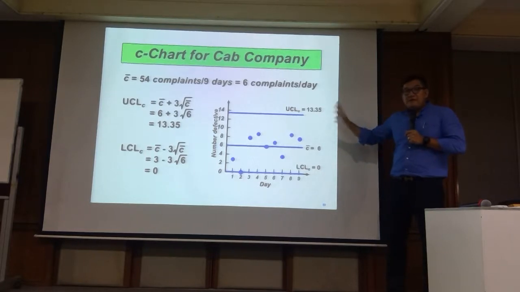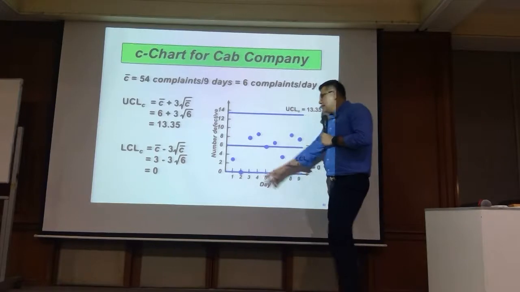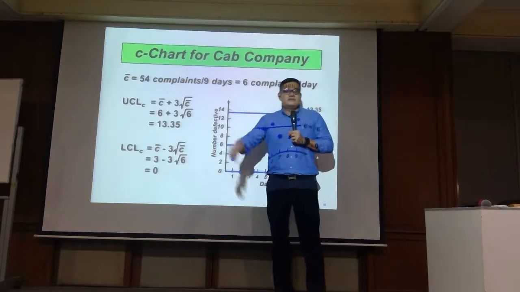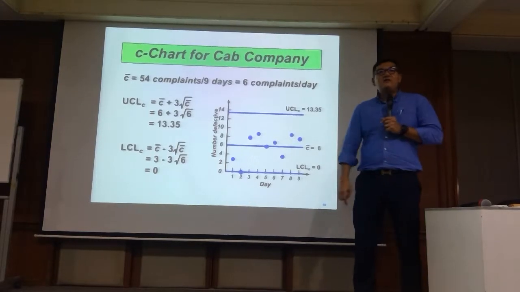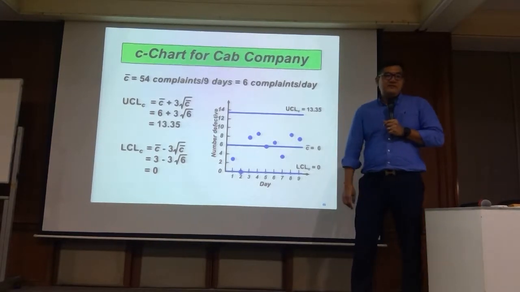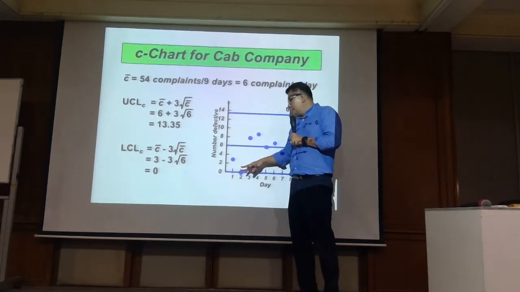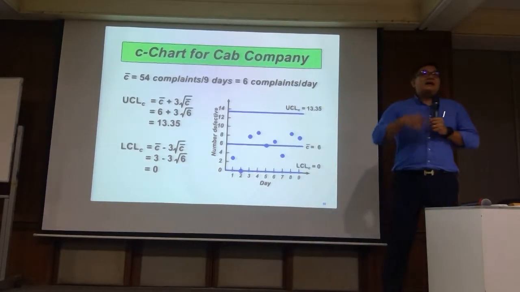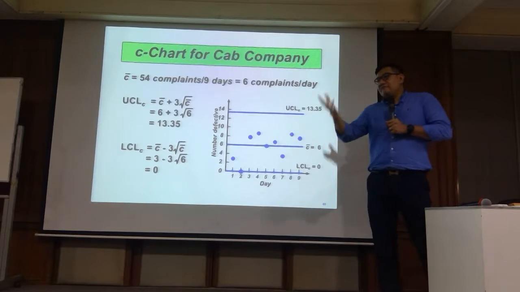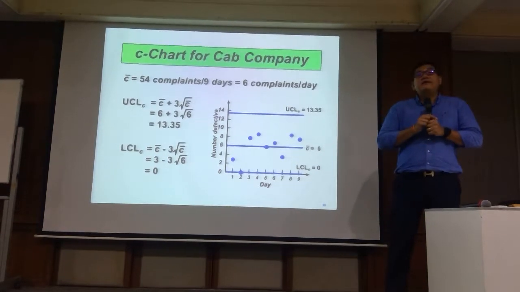If you want to use a P chart, it's going to be like this. For the first day, we sample 100 customers and see how many of those 100 customers complain. You can have a fraction. For day number 2, you make a sampling of 100 customers and ask them how many complain, based on 100.